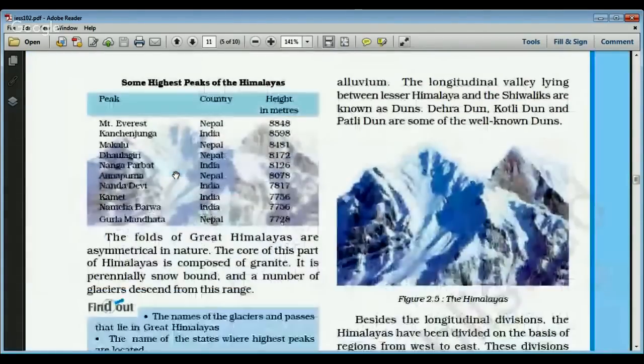Now these are some of the highest peaks of the Himalaya. The highest peak present on the earth is Mount Everest. It is in Nepal, and its height is about 8,848 meters, and the highest in India is around 8,598 meters. And there are other peaks, the top 10.